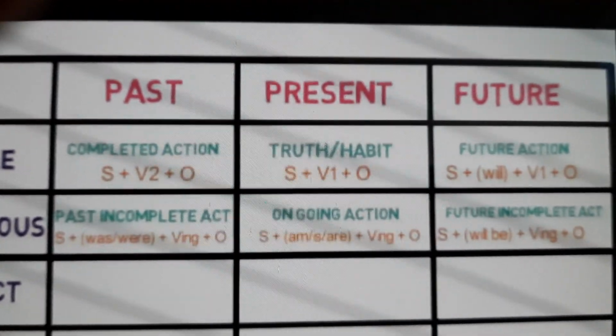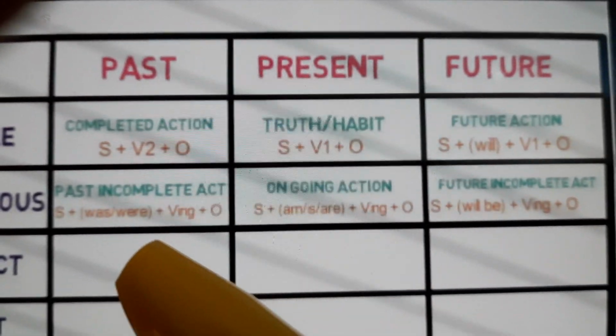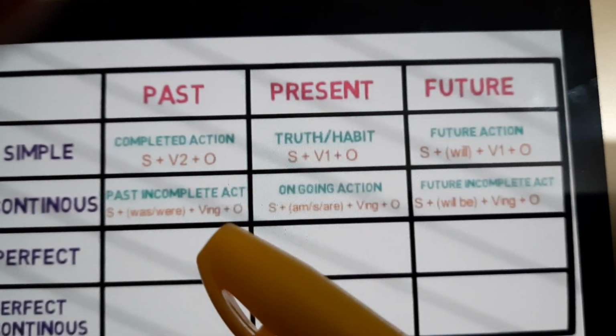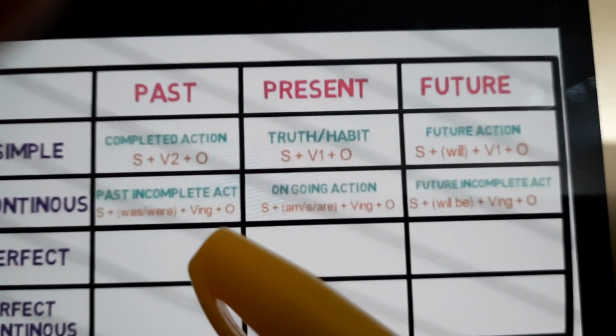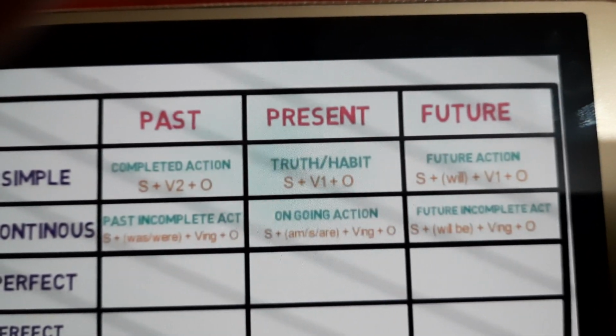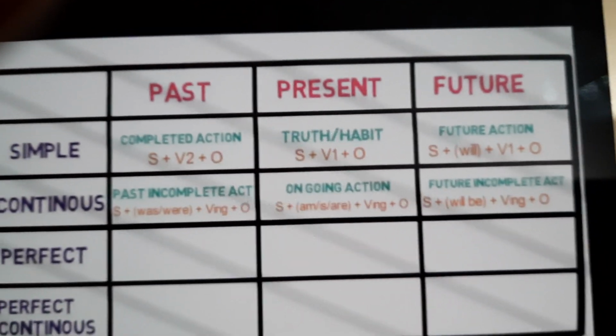The form over here is subject plus was or were plus verb with ing form plus object. You can say, for example, when I reached his house, he was sleeping.